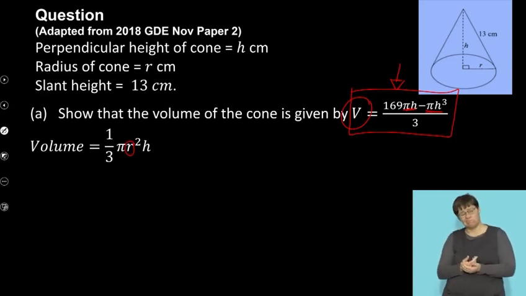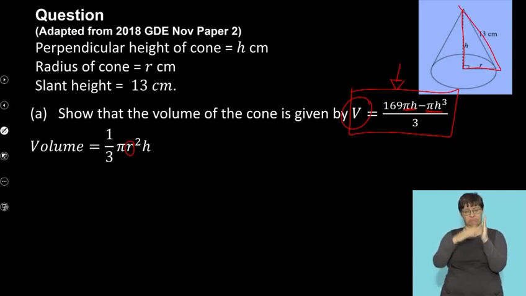So looking at my diagram, we can see that I have a right angled triangle. And the second that I have a right angled triangle, we need to be thinking how Pythagoras could be helping me. If I want to express r in terms of h and 13, I could do that using Pythagoras.